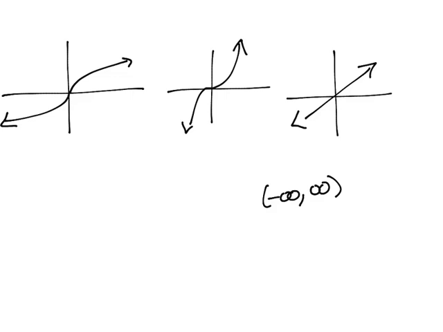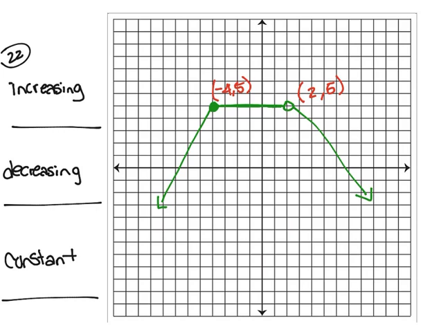Next, number 22 is asking you to give the intervals of the domain in which you're increasing, decreasing, and constant. All right, so here's our graph, here's our picture, and I'm going to kind of highlight it in yellow. We're going to follow it starting on the left side, and it starts here.